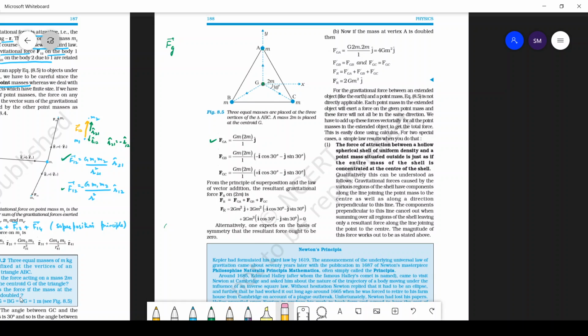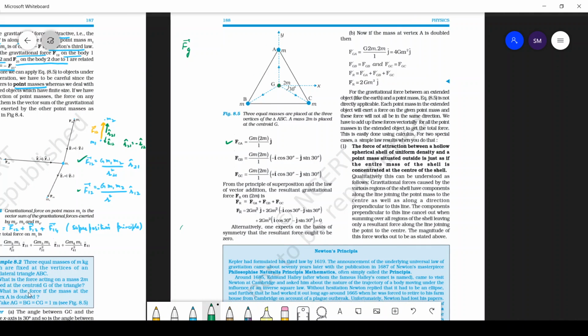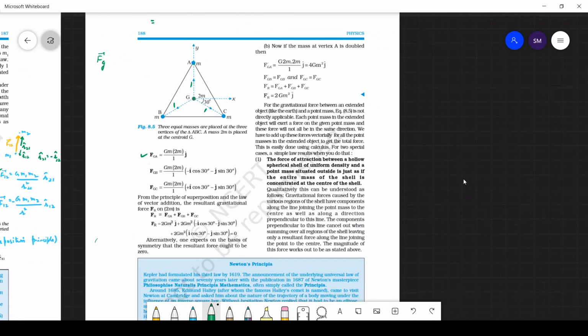See what is given. It is given that AG, BG, CG is equal to 1 meter. So AG is 1 meter, BG is 1 meter, and CG is also 1 meter. So these distances between the masses are 1 meter.